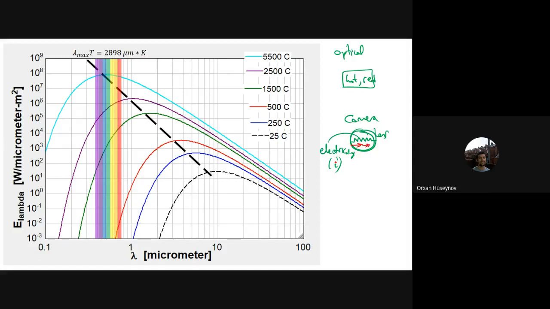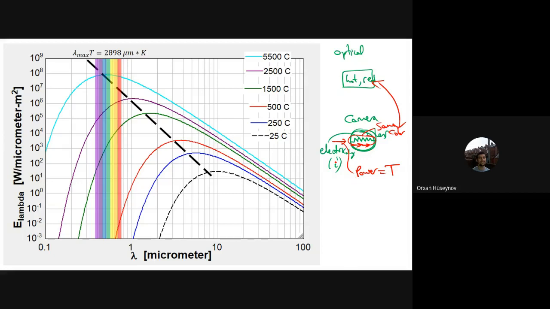More current flows until the electric current gives the same color as this one. And here you know the electric power, and that power is proportional to the temperature of the surface, because these relations are known.